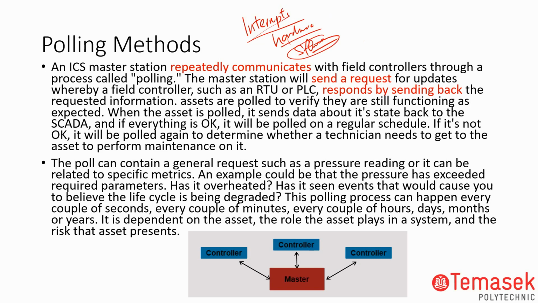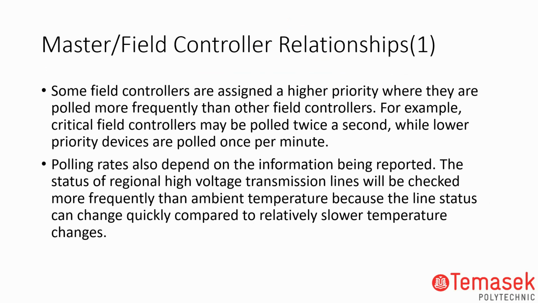Especially for ICS systems, a lot of them are hardware based in terms of interrupts, because you want the speed, you want the low latency. So that's what the polling method is here. The key thing is to interrupt and then be able to send a response. The controller relationship depends on how fast or how slow the device is.